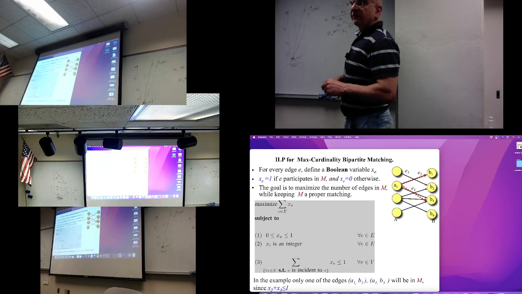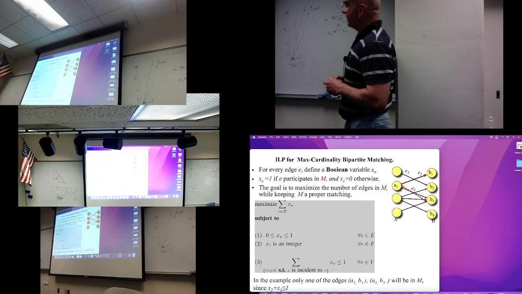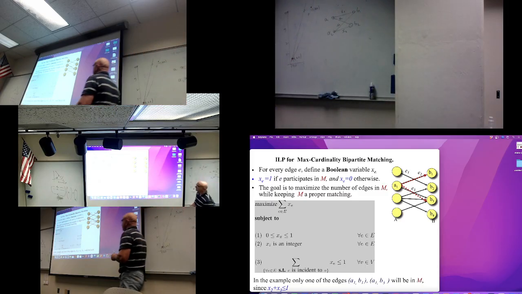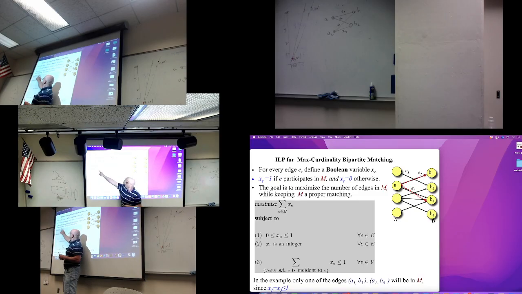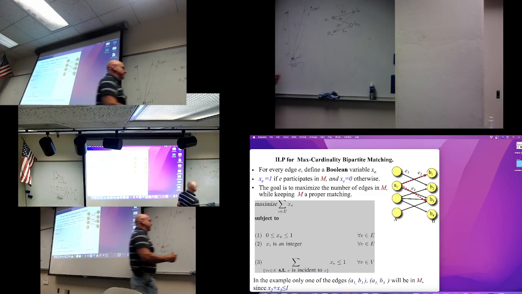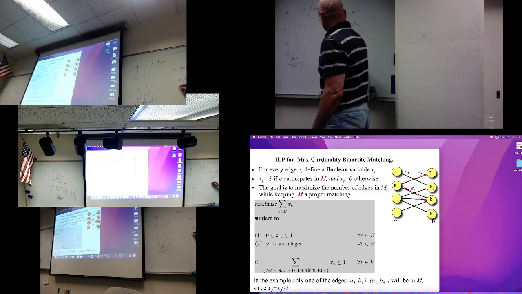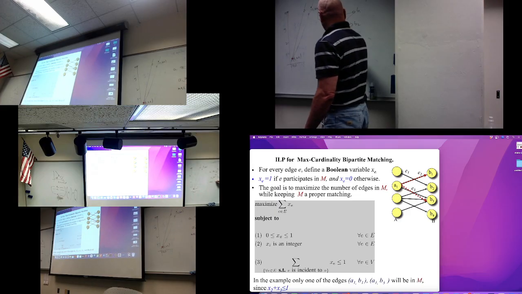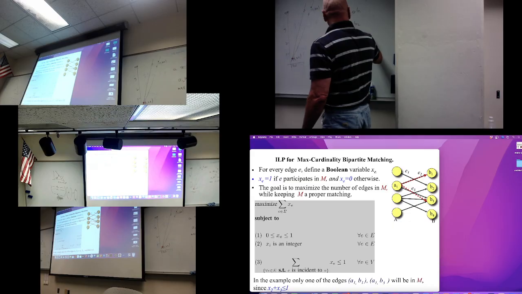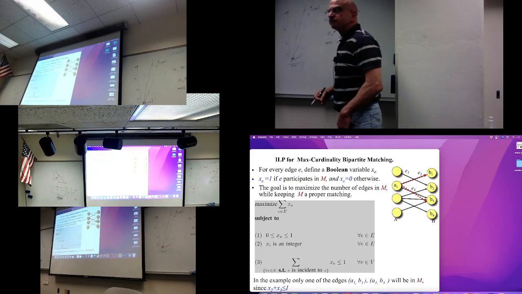So here are my 4 variables, because I have 4 edges in this graph. And I want to use as many edges as possible. So my cost function would be maximize x1 plus x2 plus x3 plus x4.